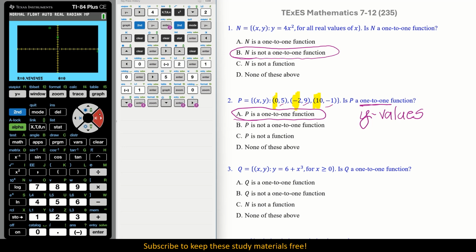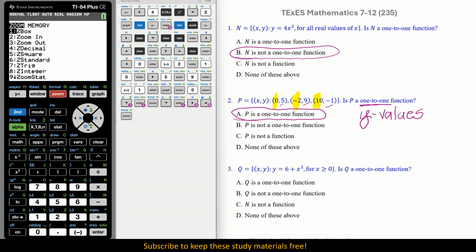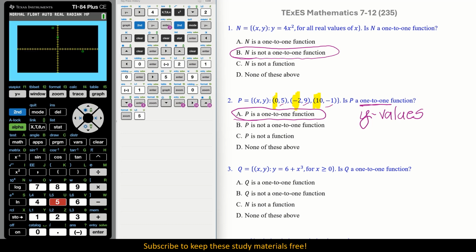Now, let me move my cursor and then zoom out so I can reposition it. Or we could do square. Let's do 5. Oh, there it is, zoom 5. That did it instead of playing. Okay, sometimes I can't remember which one does which, and you have to kind of play with it.